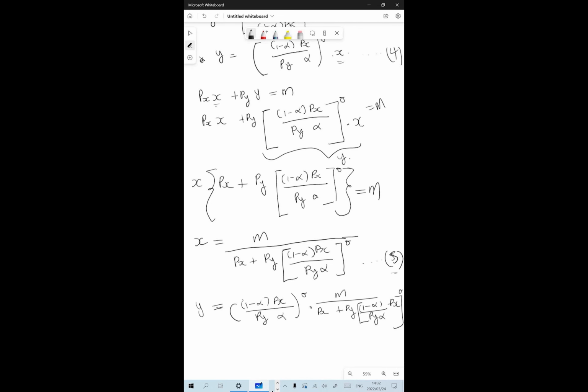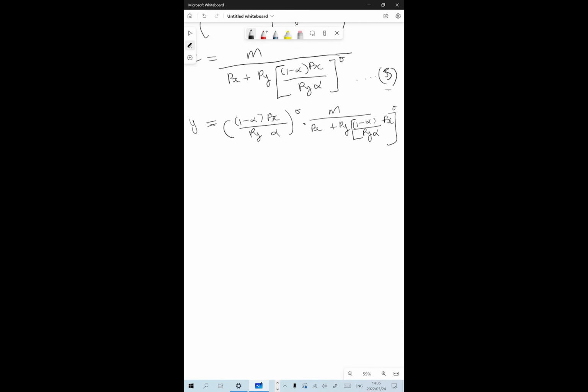so this whole thing here, and we can clean it up further. To clean this up a bit, we can express it in terms of the price of y, and we can bring down the price of x to make it a negative sigma.